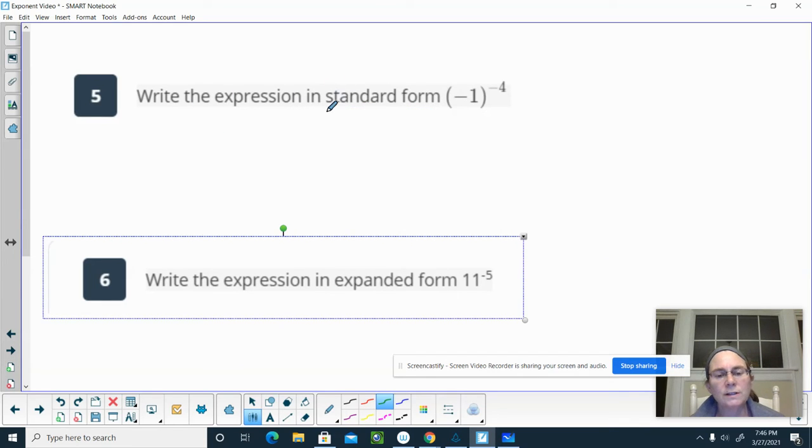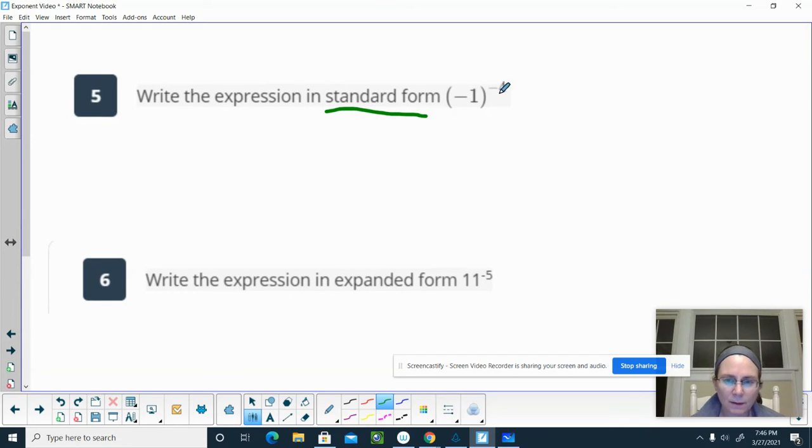Write the expression in standard form. Okay, so we have negative 1 to the negative 4th power. Okay, so what that means, it's a negative exponent, so my numerator is 1. My denominator, I take the base number, multiply it by itself 4 times.